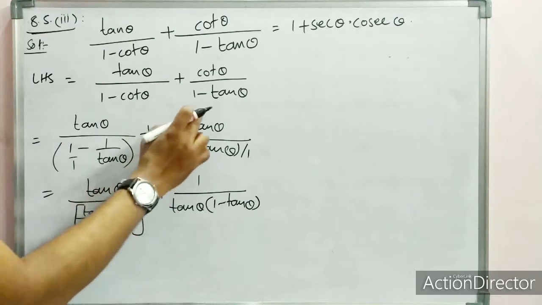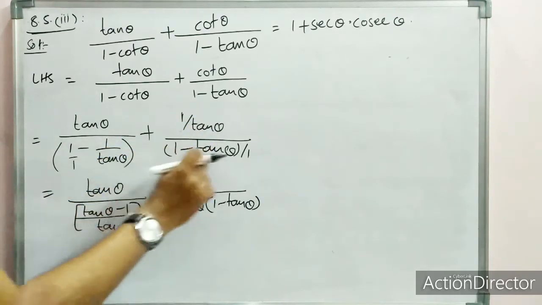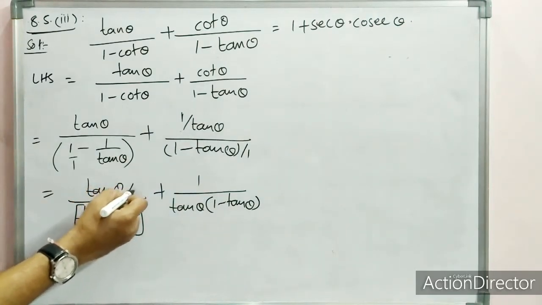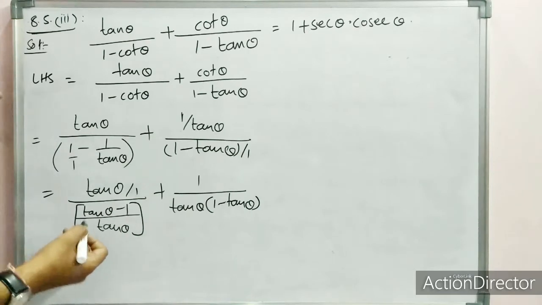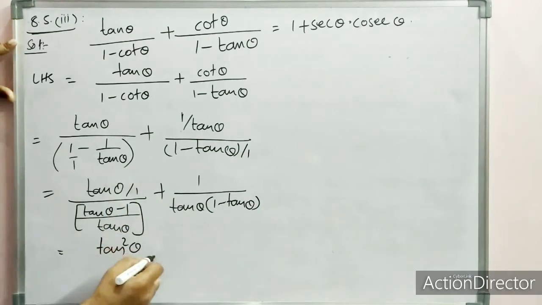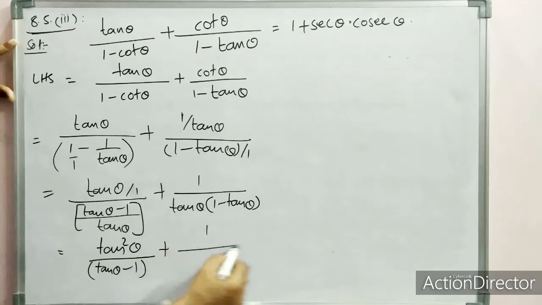Whenever the numerator consists of one, we can write the denominator directly here. Now it will be reversed as tan square theta by (tan theta minus 1), plus here 1 by tan theta into (1 minus tan theta).